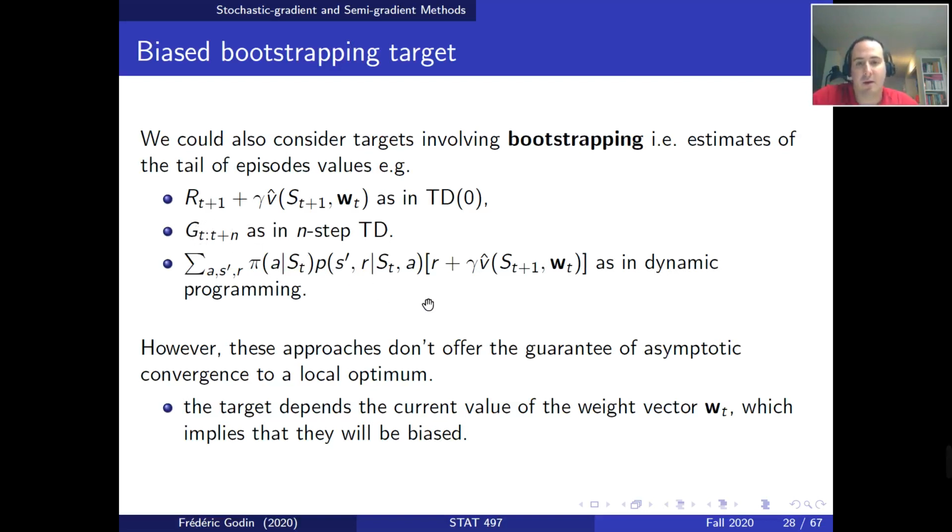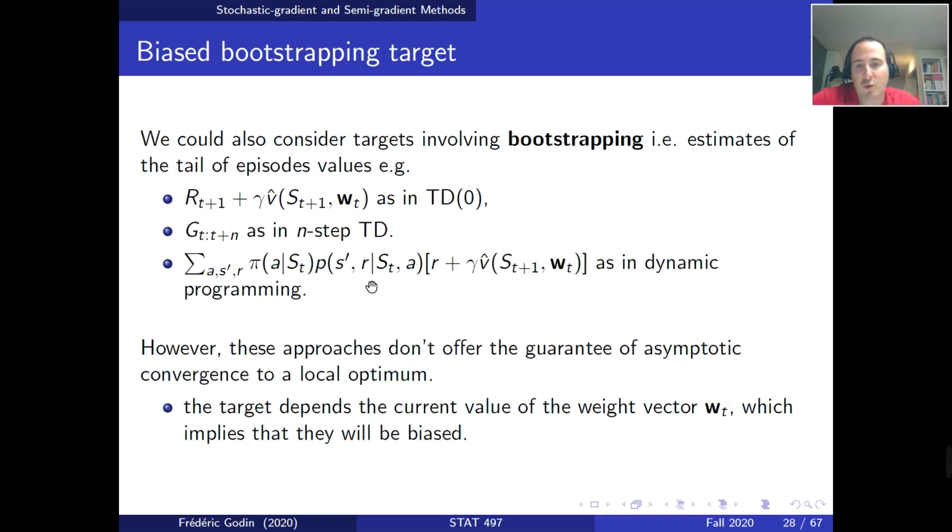Or if you have knowledge of transition probabilities, which for some problems we do, then you could use as the target the expected value, over all possible next actions, next states, and next rewards, of the next reward plus gamma times the approximated value function in the next step. This would be the target used in a dynamic programming framework, where we do know the transition probabilities.